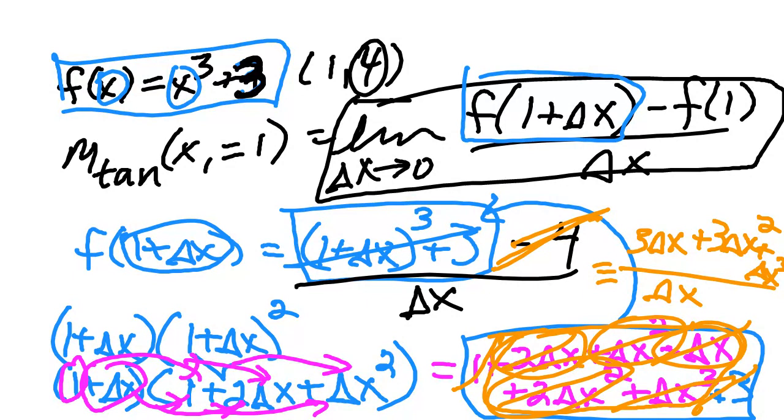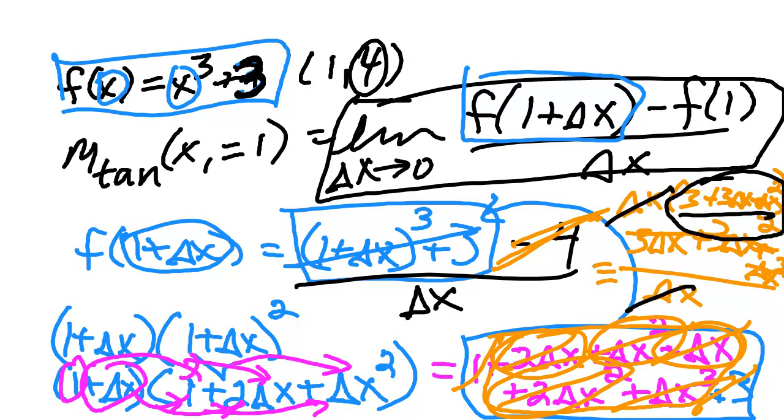And if I do that, pull out a delta x, I'm going to get 3 plus 3 delta x plus delta x squared, right? Instead of that. And then what can I do now? I can cancel these delta x's, and I'll be left with 3 plus 3 delta x plus delta x squared.